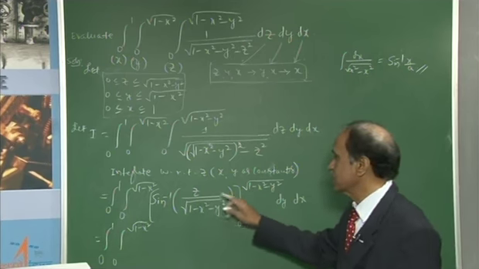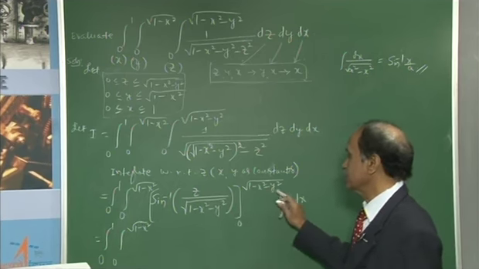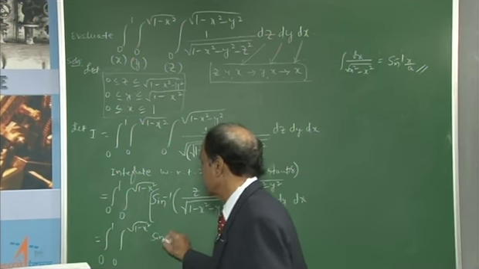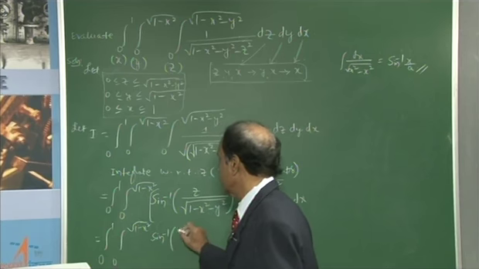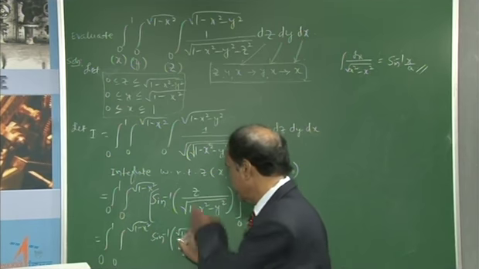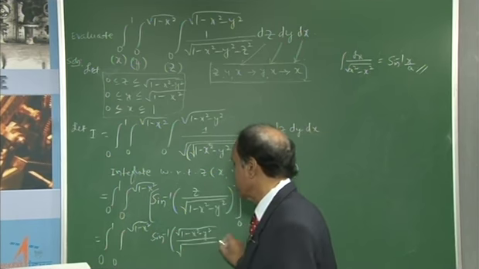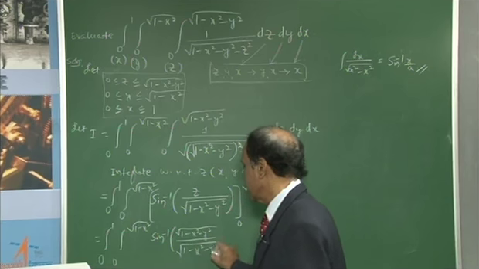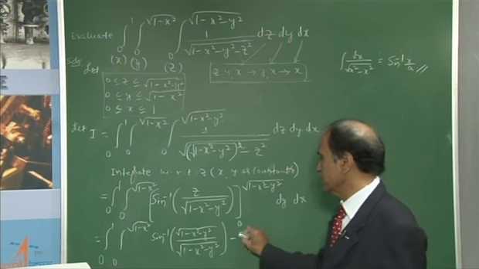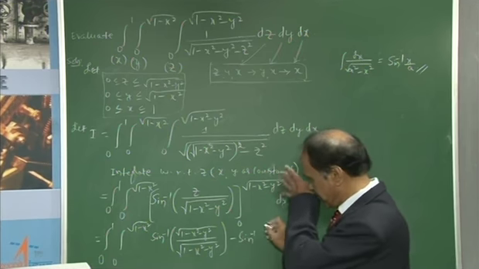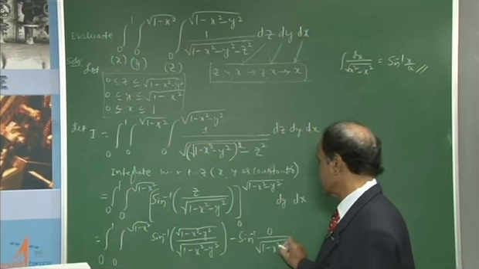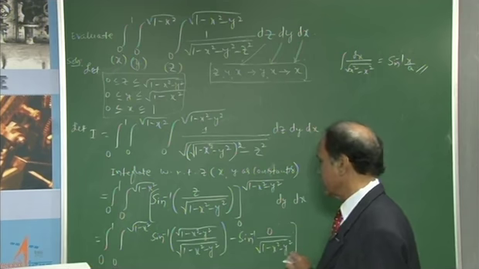In place of z the upper limit is square root of 1 minus x square minus y square, that is sine inverse of square root of 1 minus x square minus y square divided by square root of 1 minus x square minus y square, the upper limit, minus sine inverse of 0 divided by square root of 1 minus x square minus y square.